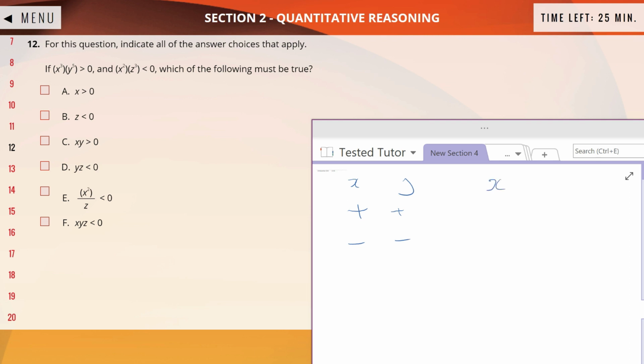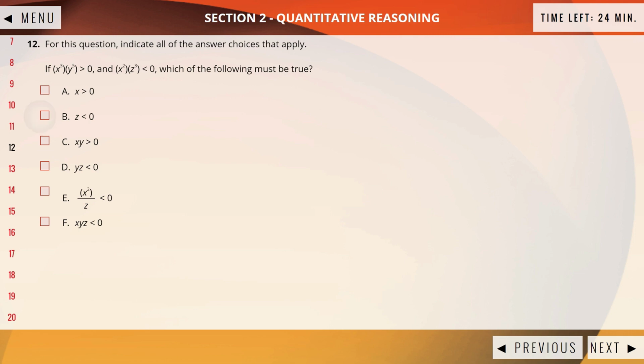So for x squared z cubed to be negative, x could be positive or negative. We have no idea, because the squared would make it positive either way. But we know z would have to be negative, because if x was positive or negative, when you square it, it'd be positive, times that by a negative, and you get the negative. So that's what we know. We know x and y are the same sign, and we know z is negative. So we definitely know z is negative. We don't know for sure about the rest.